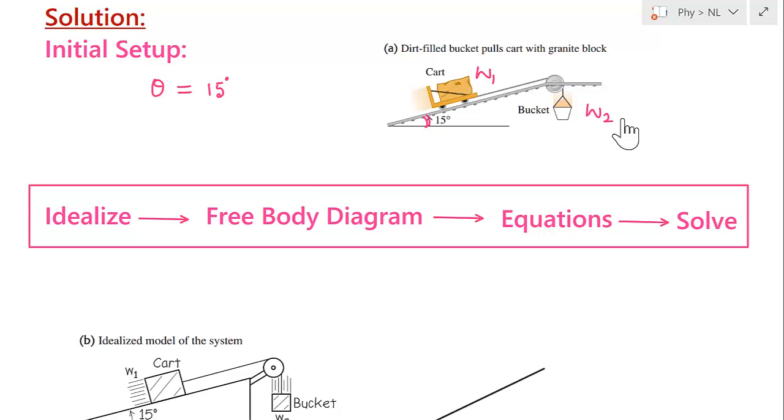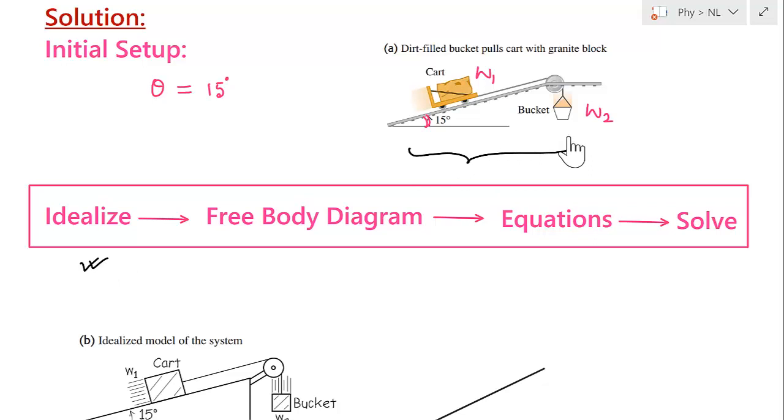So we can apply Newton's first law. If the system is in equilibrium, the sum of total forces is equal to 0 on the bucket as well as on the cart plus granite block system. The idea to solve this problem is, first we have to idealize. This is my system and I have to make some idealization.